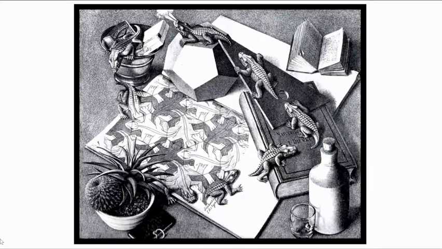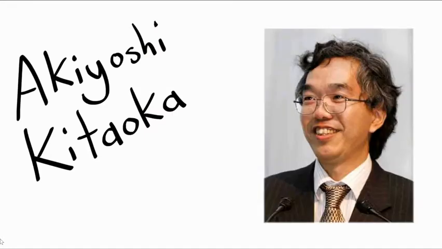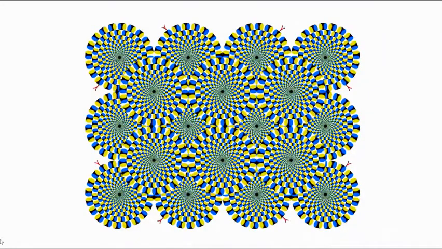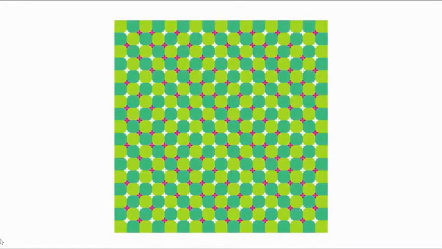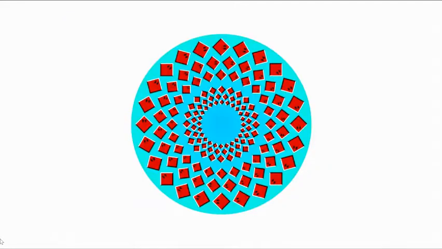Another intellectual who did op art was Akiyoshi Kitaoka, who would make very bright, colorful, and almost hard to look at op art that tricks your brain with the bright, overlapping colors.